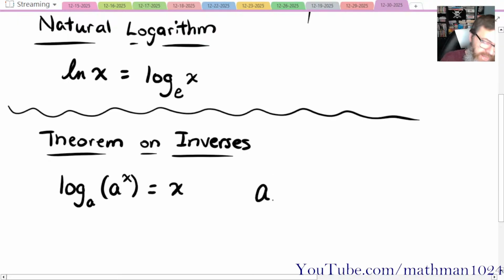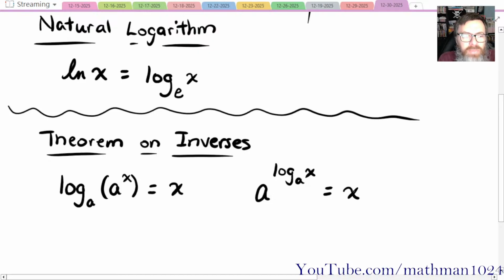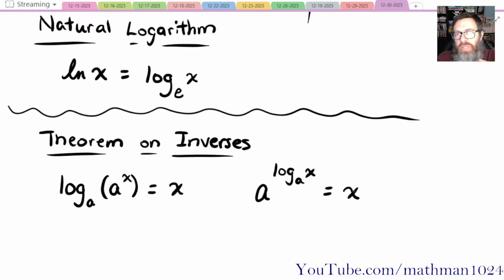Or if I have an exponential expression, base a, raised to log base a of x, that would also give me x. So I don't want you to say, oh, these guys cancel each other out. It's because they're inverses. And if you look back to what it means to be an inverse, if you plug a function into its inverse, they will undo each other, and you'll just have whatever that input value was.